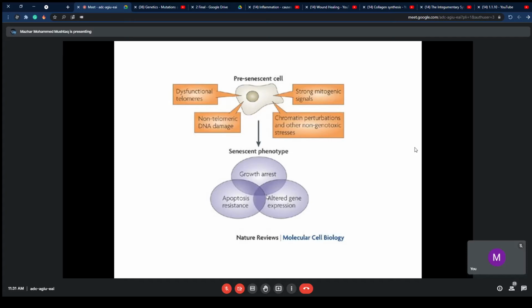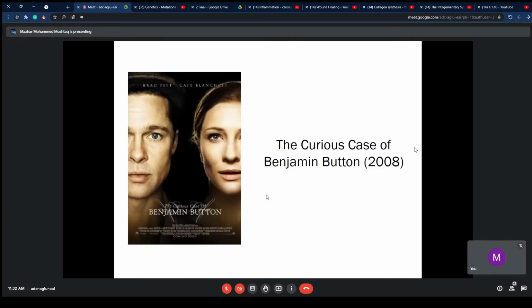But the general phenomenon is this: the cell which was mature in the beginning is not responding to the growth factor, there is a change in gene expression, and it becomes apoptosis resistant. All these things make the cell senescent, and hence it shows up in the phenotype in the form of aging in the individual.